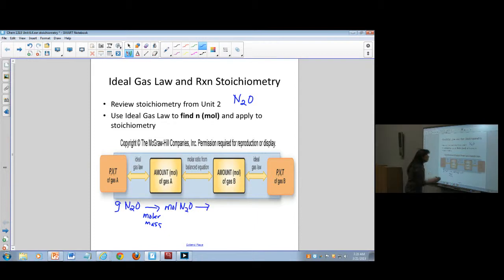Then we used a molar ratio. In this case, we're interested in how many grams of nitrogen there are, so we use the ratio of 1 mole of N2O to 2 moles of nitrogen. Now, in this case, it's just the atom nitrogen, not the elemental molecule. And then we would have used grams of nitrogen for every mole of nitrogen. And so we did that within a chemical compound.